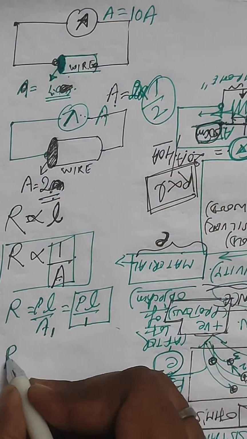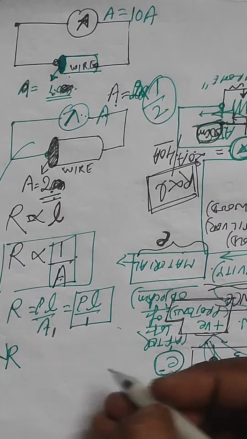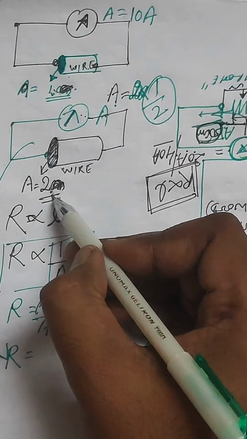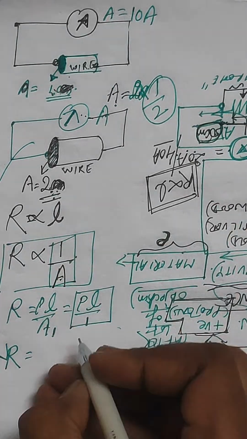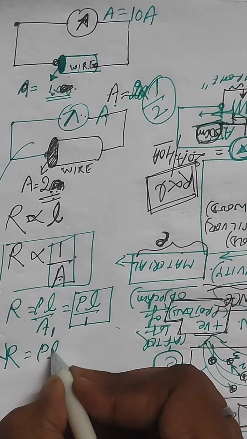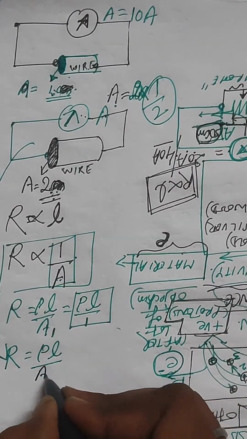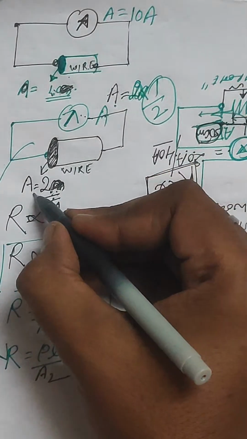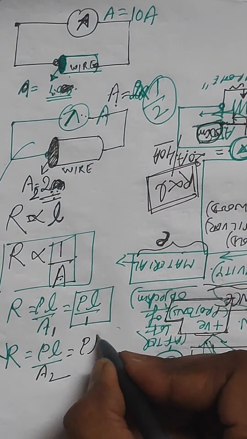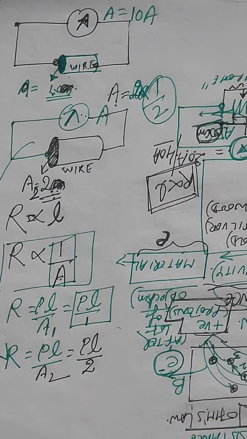And in the second case, the area of cross section is considered as 2 times, then R equals rho L by A2, and in place of A2 we have 2, so rho L by 2, right?